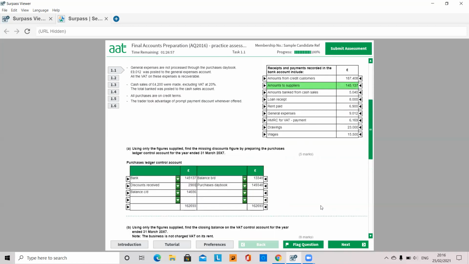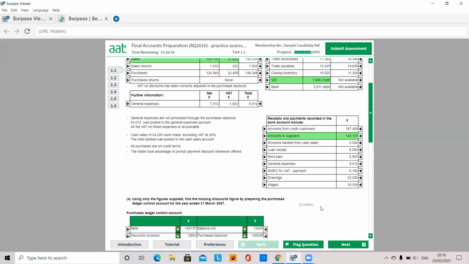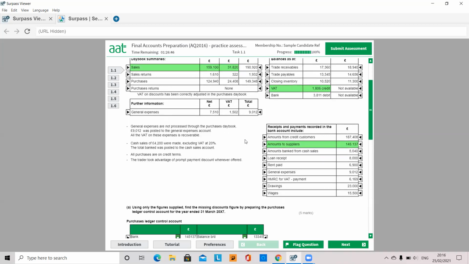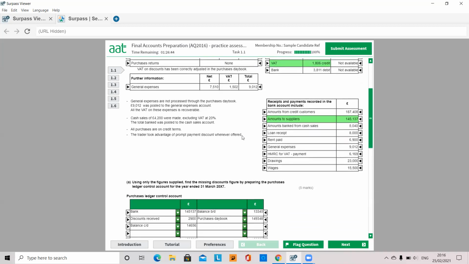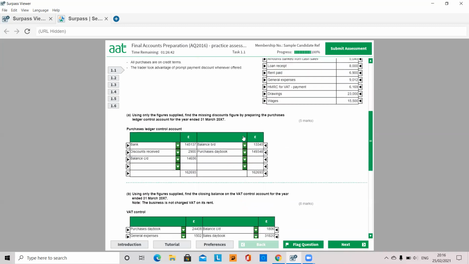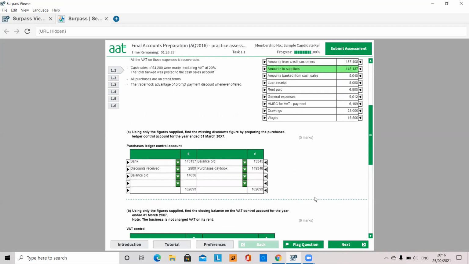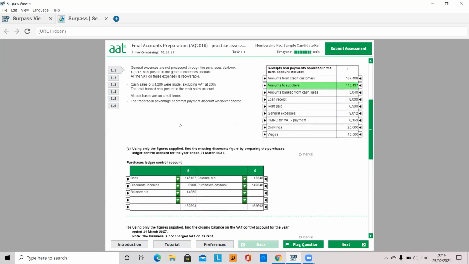We then go to the debit side, so our purchases. So we're going to debit on the purchases, which is 24,408. There we go. So purchase table, our VAT was 25,408. Those general expenses were here.